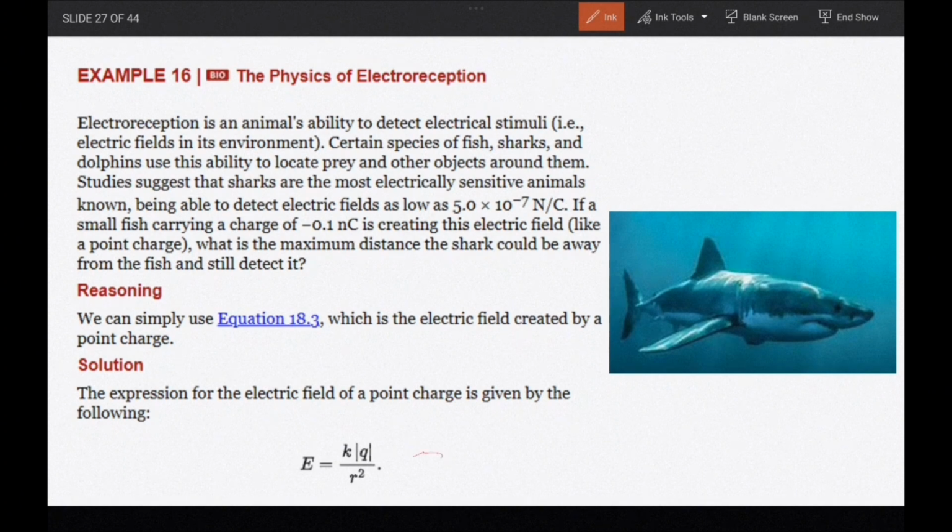Therefore, we're going to derive this formula and what we will be using is R is equal to the square root of K multiplied by test charge over E. And we need to convert this 0.1 nanocoulomb into coulomb, where 0.1 nanocoulomb is 0.1 times 10 to negative 9 coulomb.